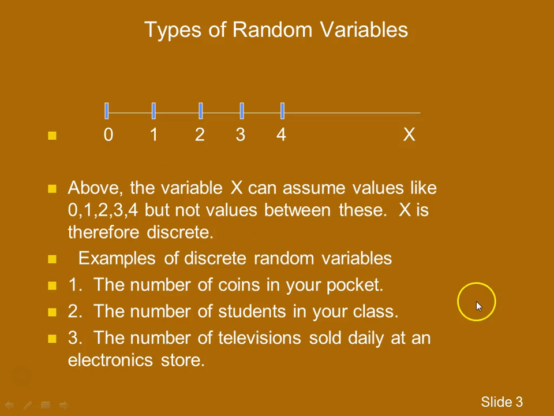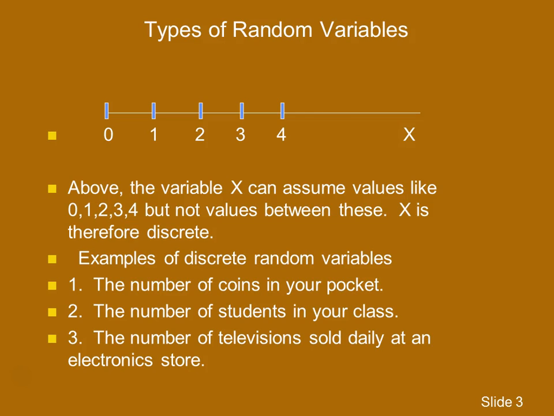Some simple little examples of discrete variables. The number of coins in your pocket might be 5, 6, 7, but it can't be 6.836. The number of students in your class might be 20, 21, 22, but again, it can't be 22.78. The number of televisions sold daily in an electronics store could be 0, 1, 2, 3, etc. As I said, some discrete variables can actually have an infinite number of outcomes.